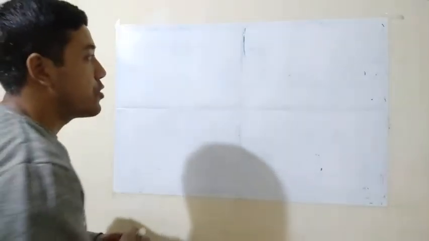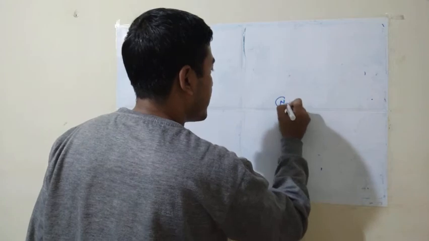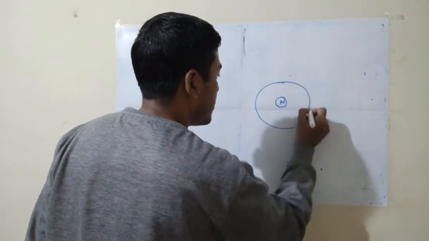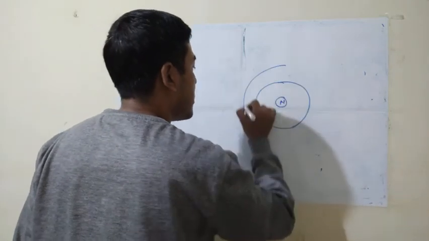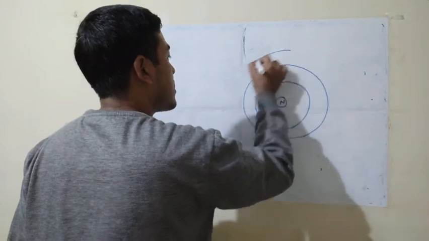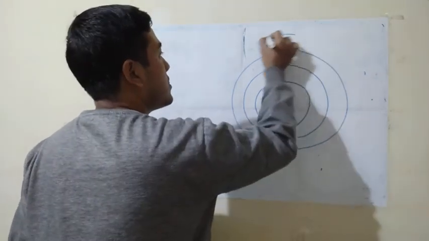Now look here, I will draw the structure of the atom. This is the nucleus, right? Outside the nucleus, this is the first cell, this is the second cell, this is the third cell, this is the fourth cell.